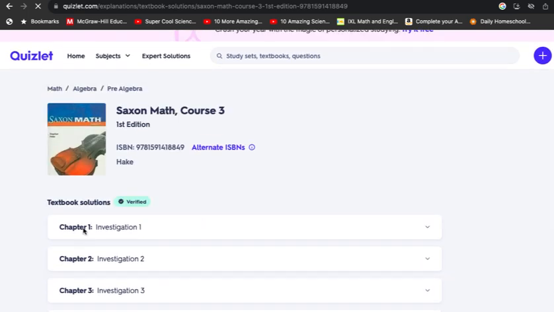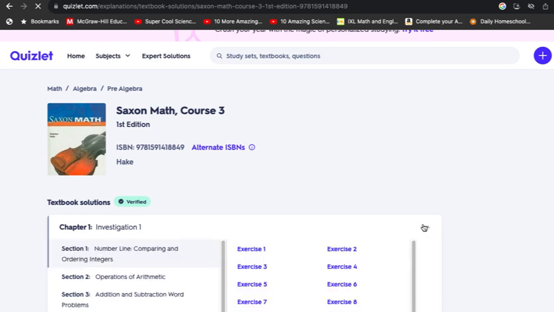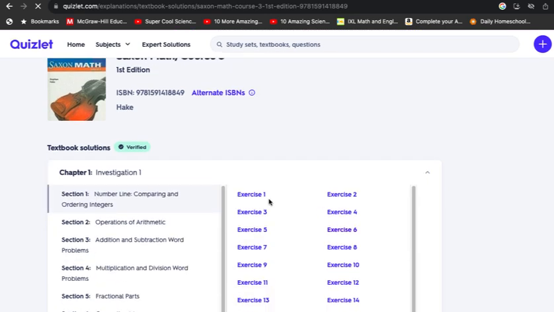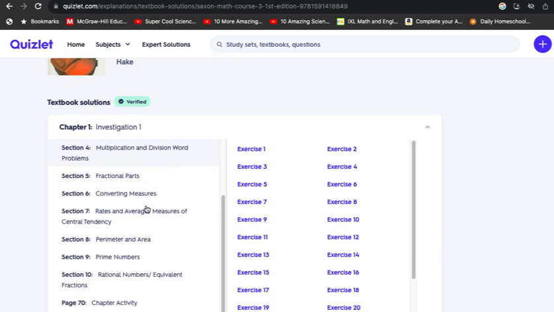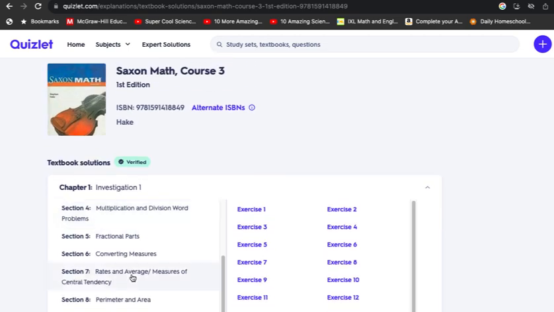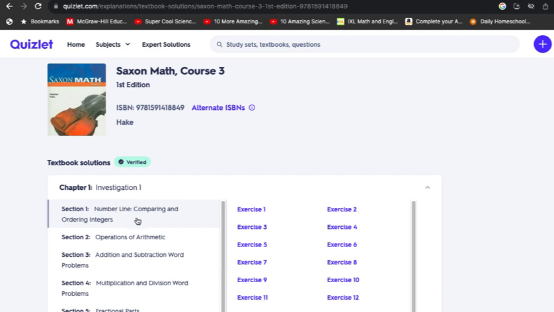So you can go to the first section, which is a chunk of the lessons, section 1 or chapter 1. When you click on it, you can see answers to all of the exercises. Each of the sections are the lessons, so you can go to section 1 and exercise 1, and you can get the answers to all of those problems.